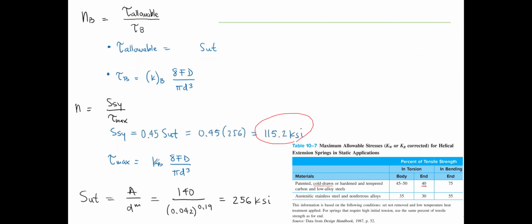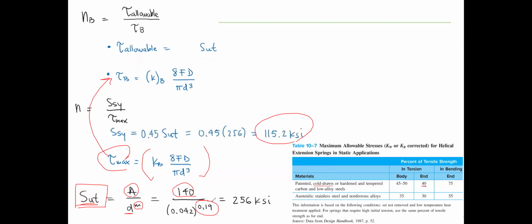And the maximum shear equals this term. It's the same as this one. And SUT is the first value that we have to figure out. We can check the table to find the A and M. A equals 140, the M equals 0.19, and the wire diameter is 0.045, right?